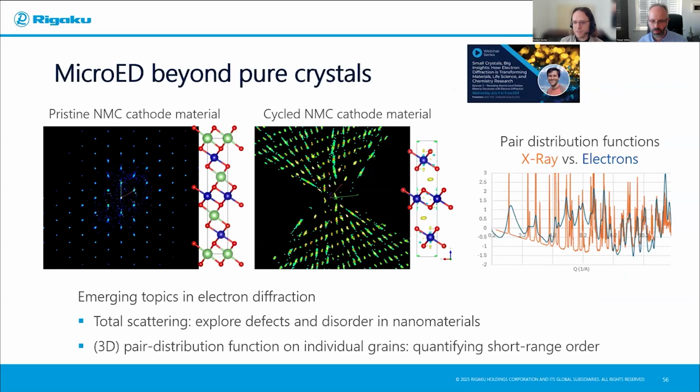This is basically what's behind that rule of thumb. Of course, you can still try with anything, but you should still see at least some lines in the powder pattern. Otherwise, you might just be wasting your time.